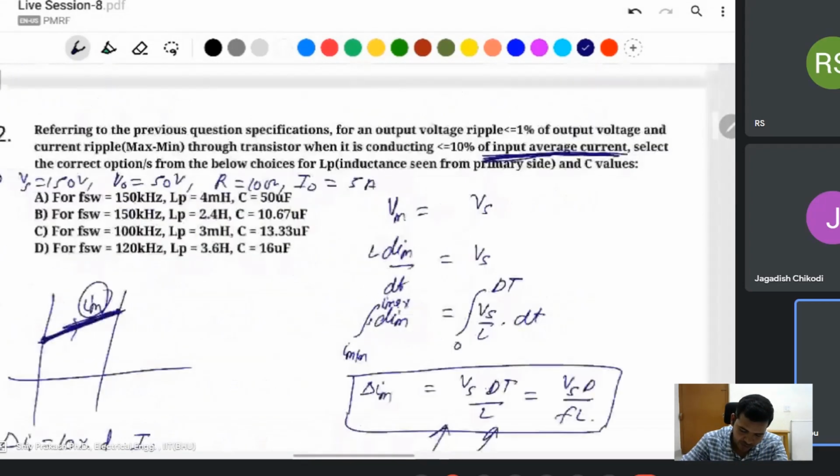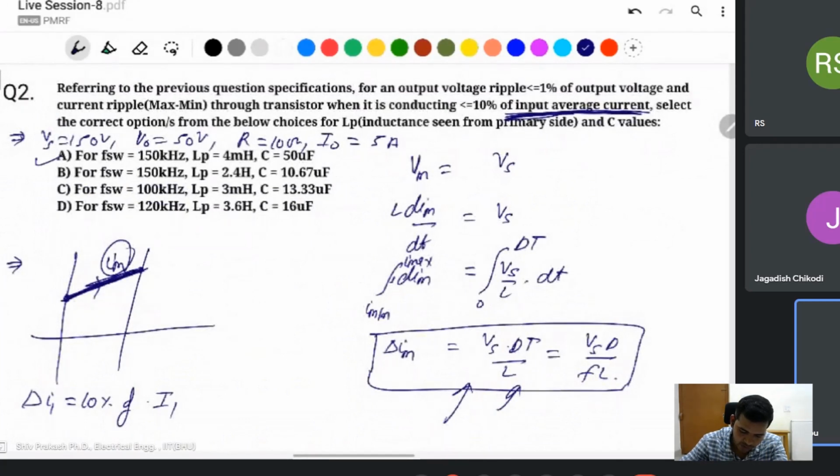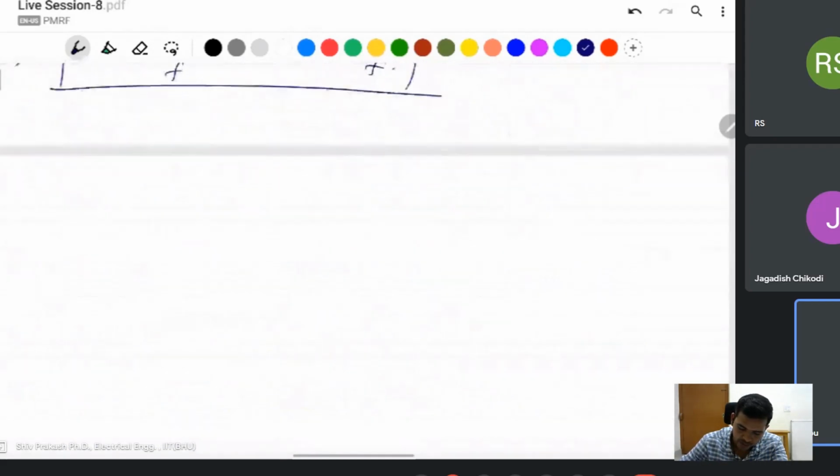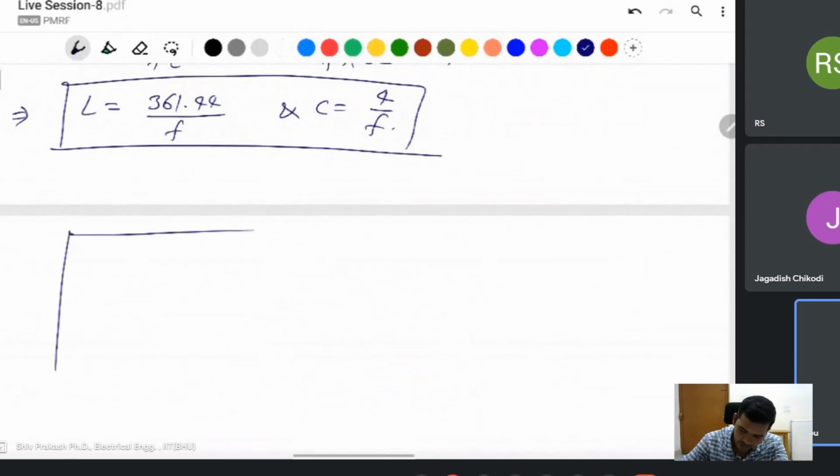Then match the question. For this first one, if the frequency is 100 kilohertz, 120 kilohertz and 150 kilohertz, then find this one for the 3 frequencies.